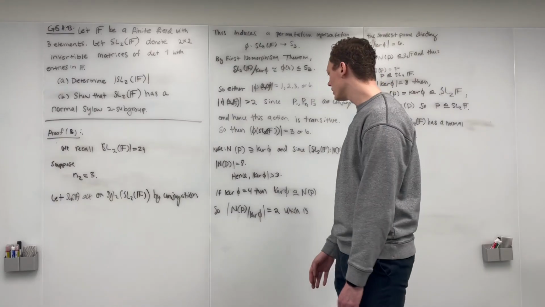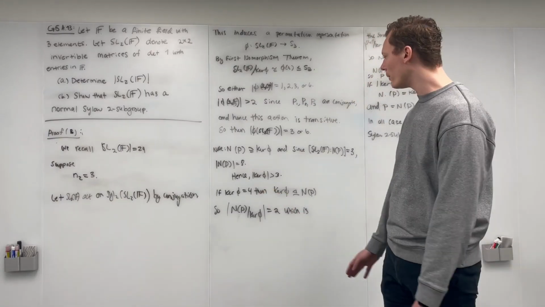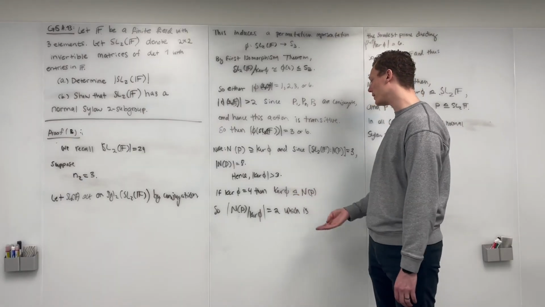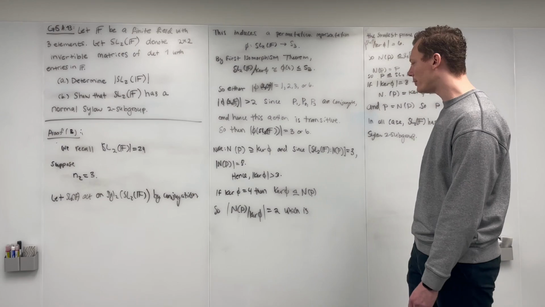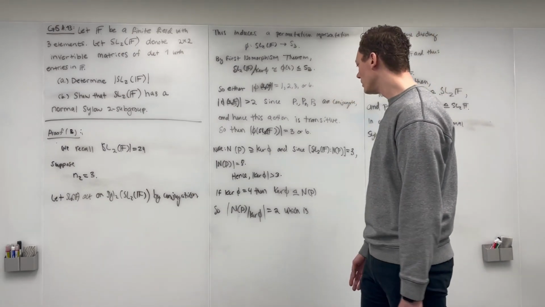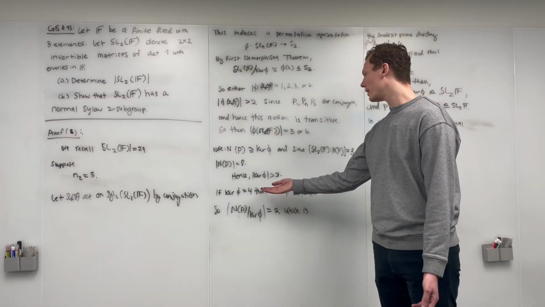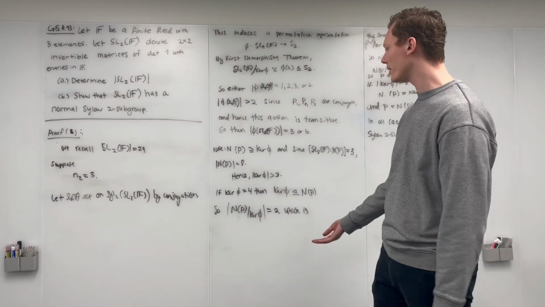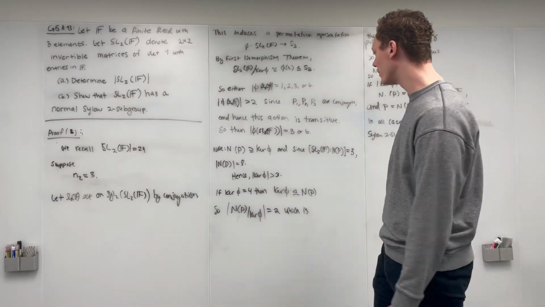And then if the size of the kernel of phi is equal to 4, then the kernel of phi is normal inside of the normalizer of P. This is because 8 divided by 4 is 2, so the kernel is of index 2 within the normalizer, and so it's normal.